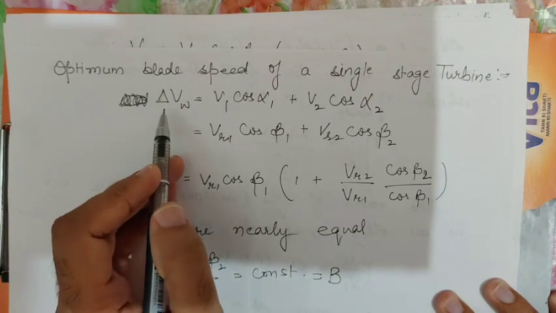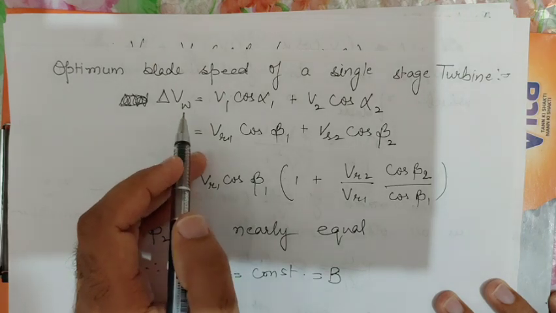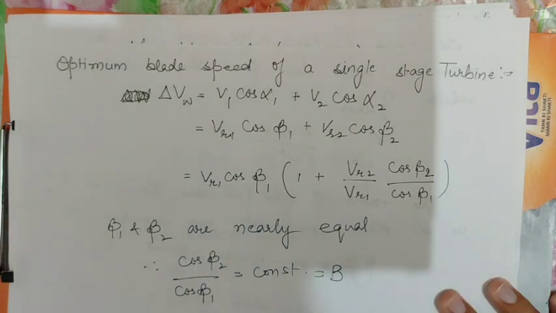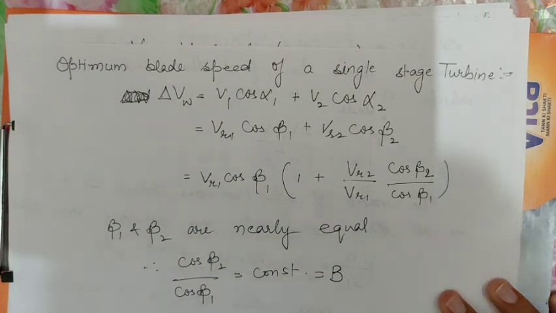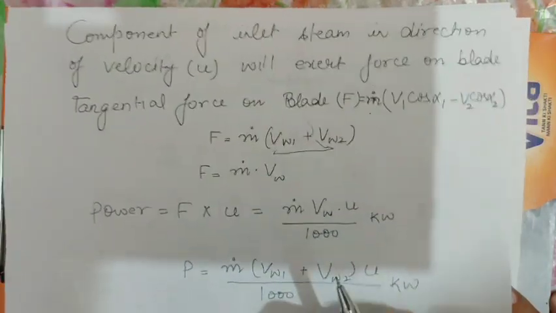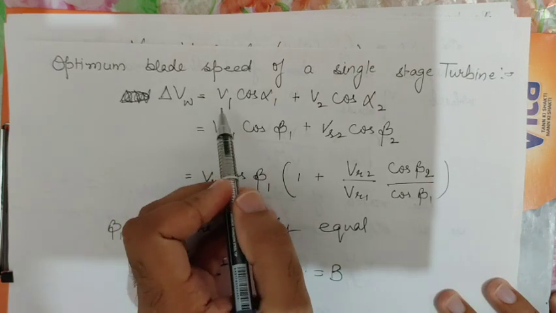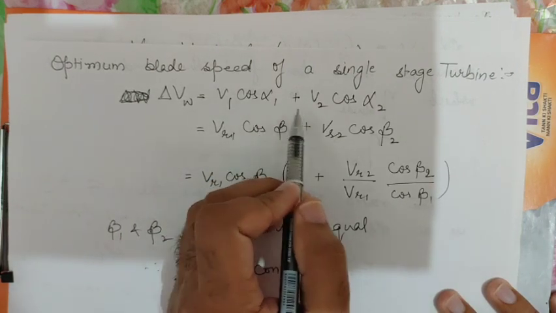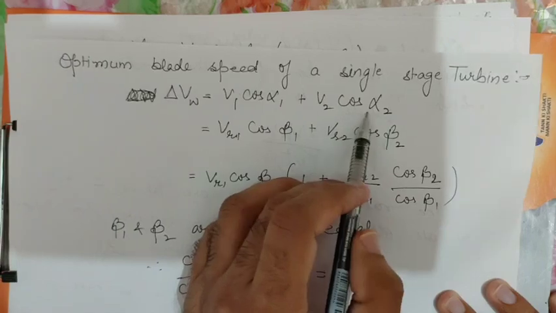So first of all we take delta Vw. As I already told you in the formula, delta Vw can be written as V1 cos alpha 1 plus V2 cos alpha 2.